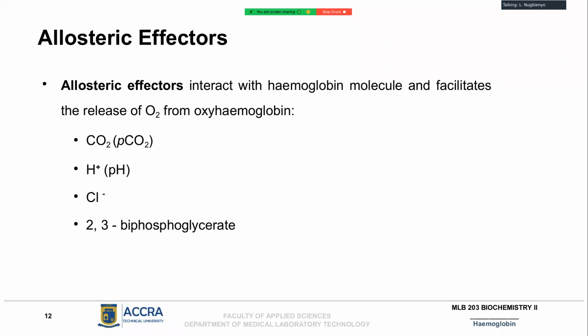Sir, please come again. Okay, so what I'm saying is that in the cell, where you have carbonic acid breaking down into bicarbonate and hydrogen ions, you now have an increase in concentration of hydrogen ions. And so we are talking about pH moving to the acidic region.